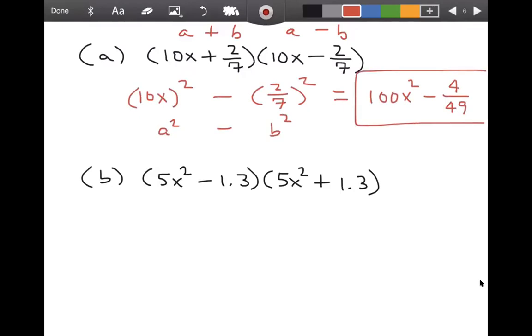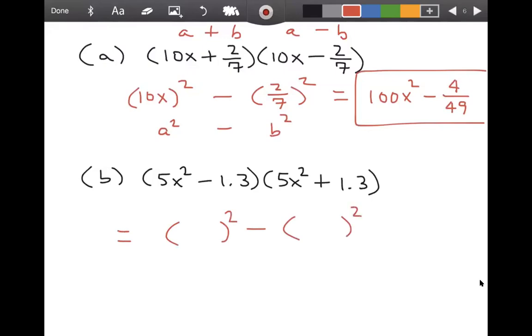All right, and then the last example, 5x squared minus 1.3 times 5x squared plus 1.3. Again, you have the same two terms. This time it's 5x squared and 1.3, but one is a sum and one is a difference. So it's the same pattern, blank squared minus blank squared.